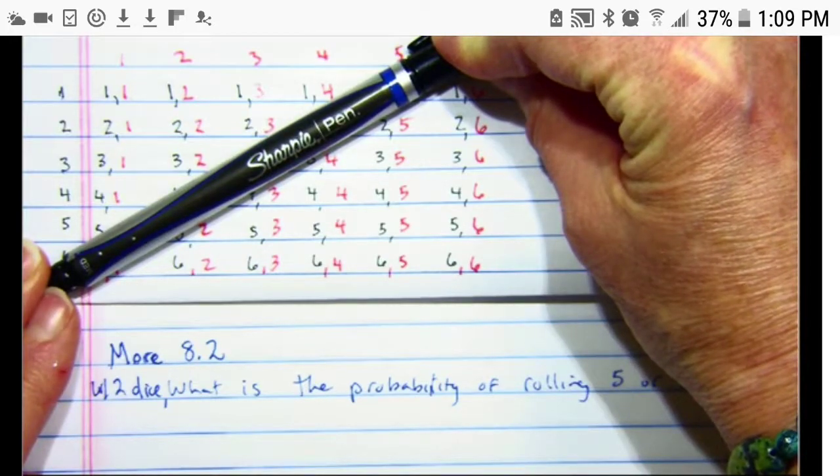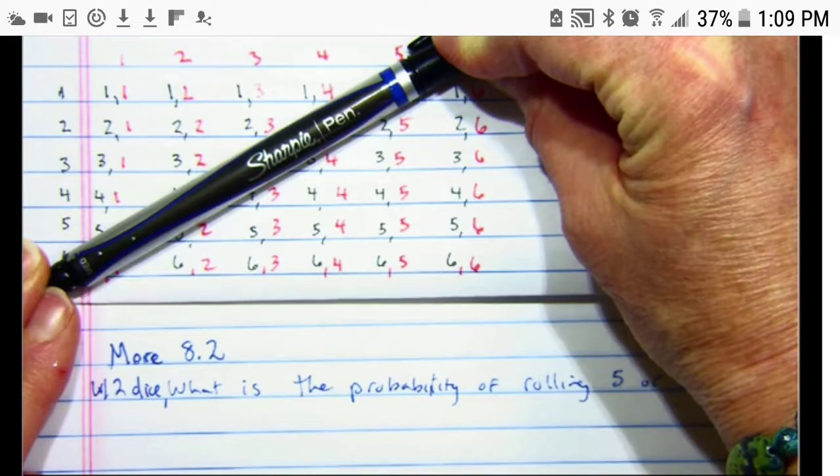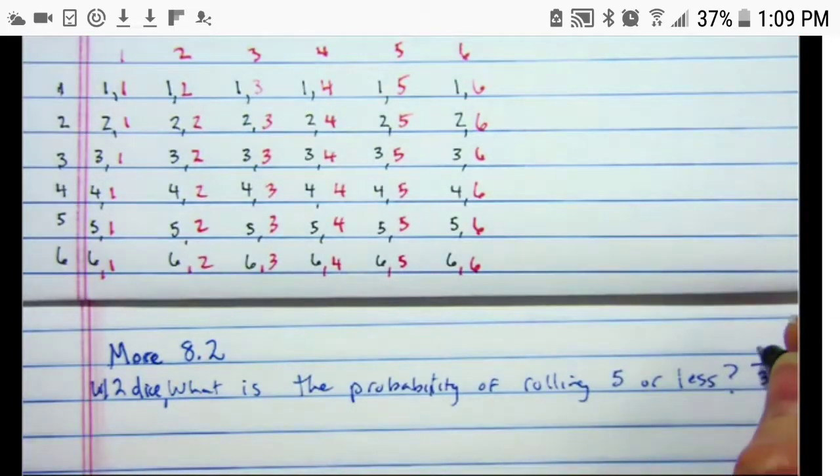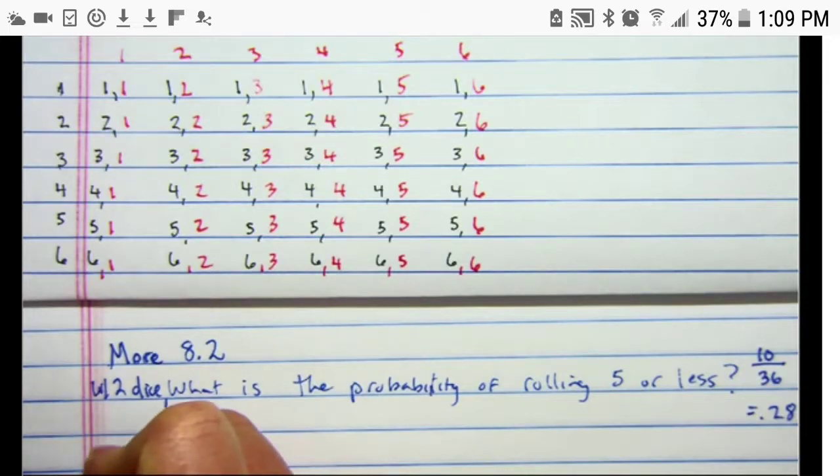So the black one with the red 4 is different than the black 4 with the red 1, so you have to count those separately. So we have 10 different options out of the 36 equally likely outcomes when you throw 2 dice. When you put that in your calculator, 10 divided by 36, you get 0.28. So that's the probability of rolling 5 or less.